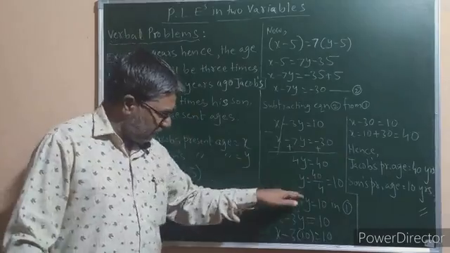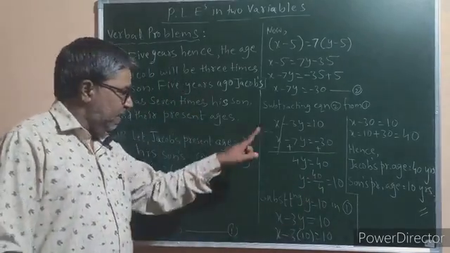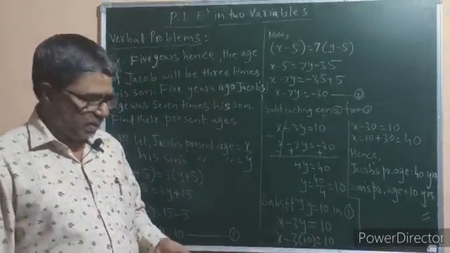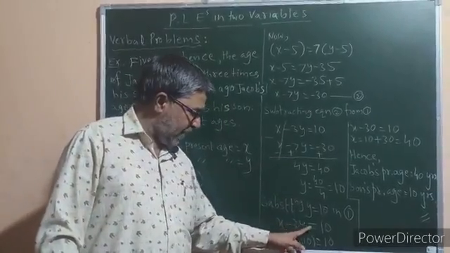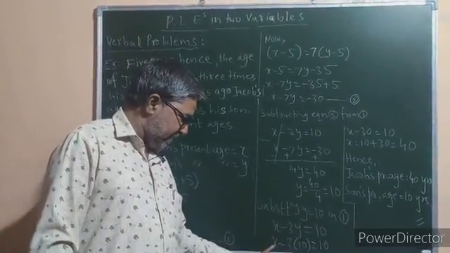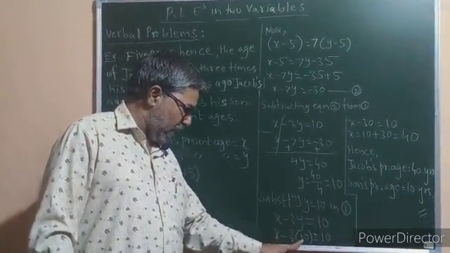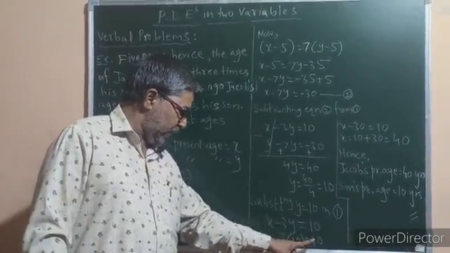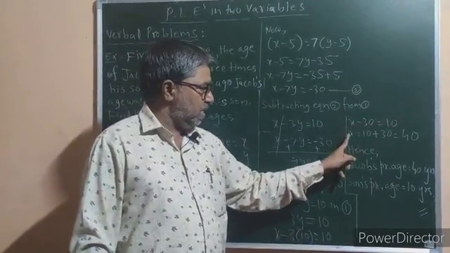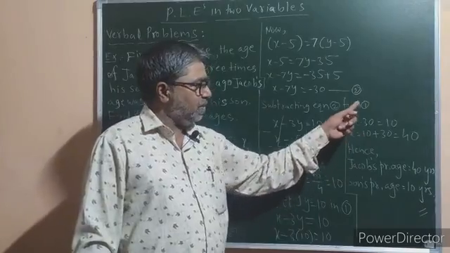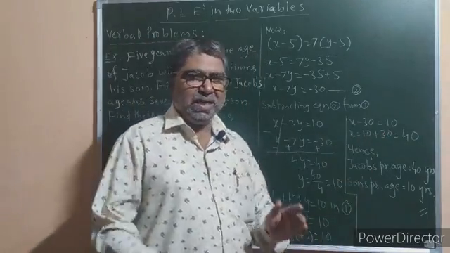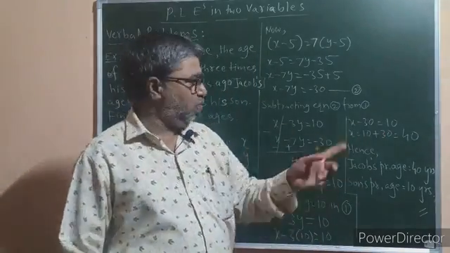Now, substituting this y is equal to 10 in either of the two equations, we will be getting the value of x. So x minus 3y is equal to 10. This is the first equation. Now x as it is, minus 3 into bracket y is 10, is equal to 10. x minus 3 tens are 30 is equal to 10. x is equal to 10 plus 30, as shifting to the right hand side we get plus 30, and you know 10 plus 30 will be 40.